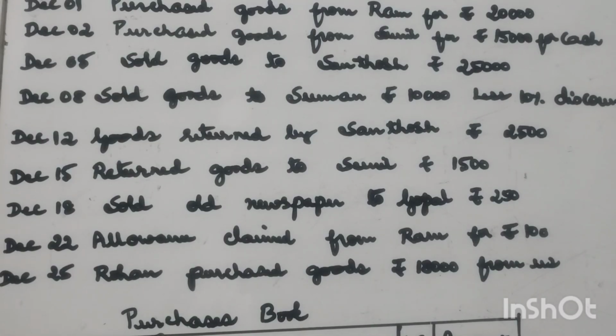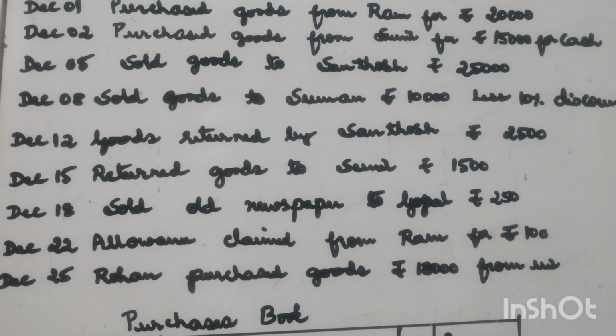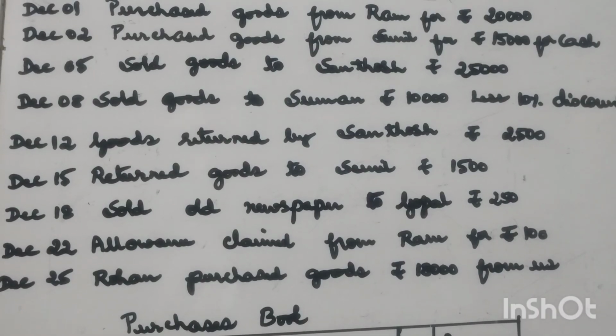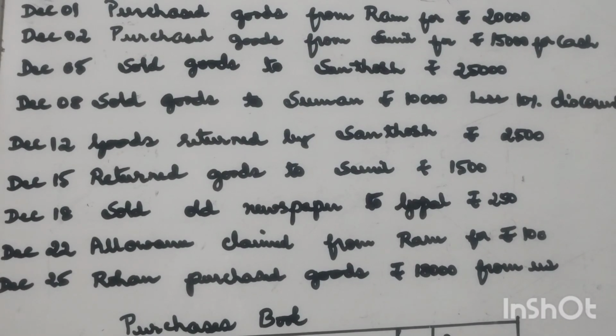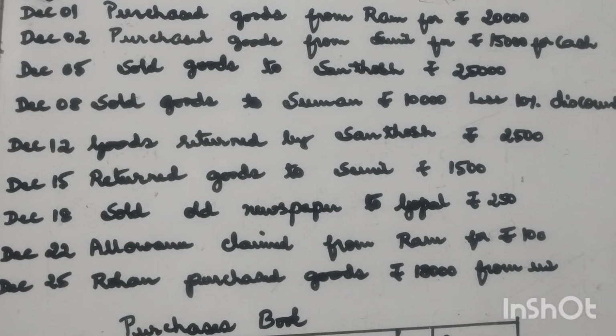Sales returns transactions must be recorded in sales returns book. All the cash transactions must be recorded in cash book, and purchase of assets or sale of old newspapers must be recorded in journal proper. So this is how these transactions must be recorded in these subsidiary books.